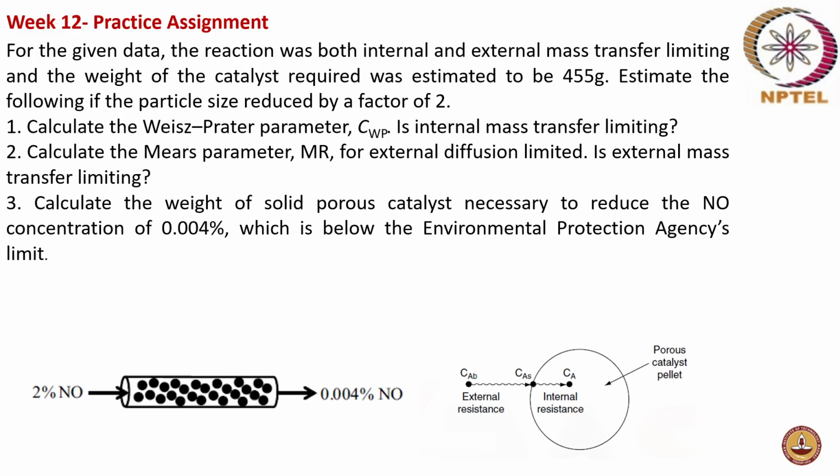That means the final concentration of the nitric oxide should be 0.004%, which is below the Environmental Protection Agency's limit. Okay, this is the schematic. So the concentration of nitric oxide entering is 2%, and the nitric oxide coming out is 0.004%.